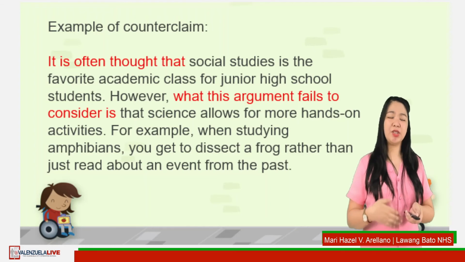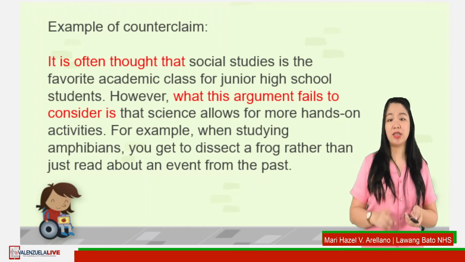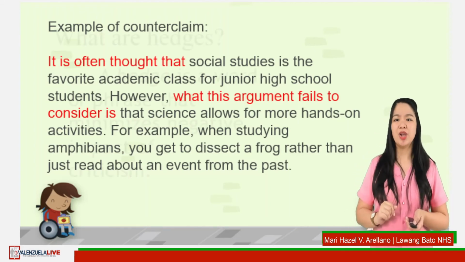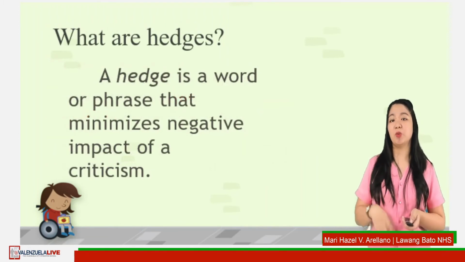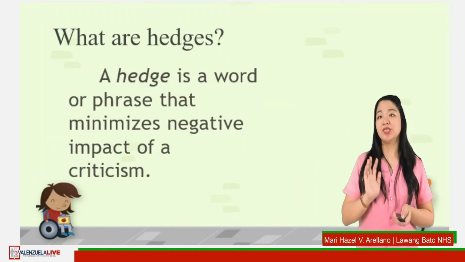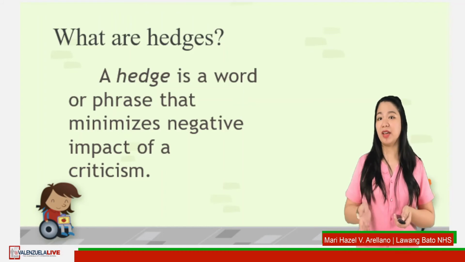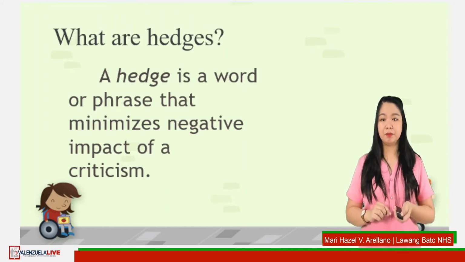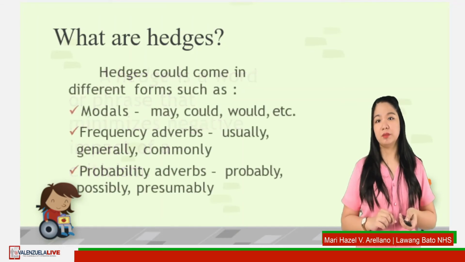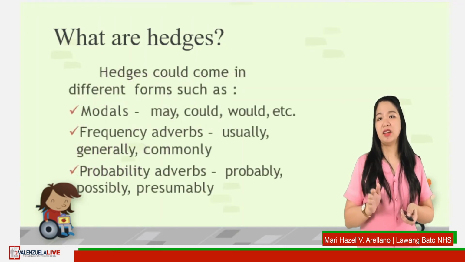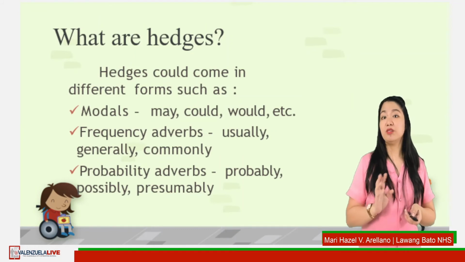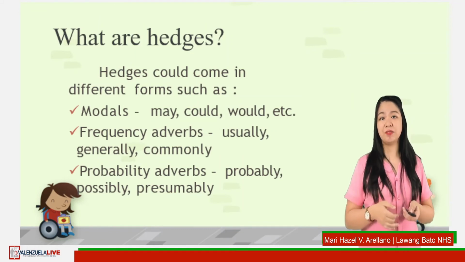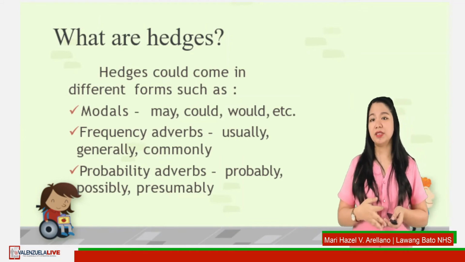When you state your counterclaims, you must recognize the value of hedges. So, what is a hedge? A hedge is a word or a phrase that minimizes the negative impact of criticism. Hedges can come in different forms, such as modals, frequency adverbs, and probability adverbs.